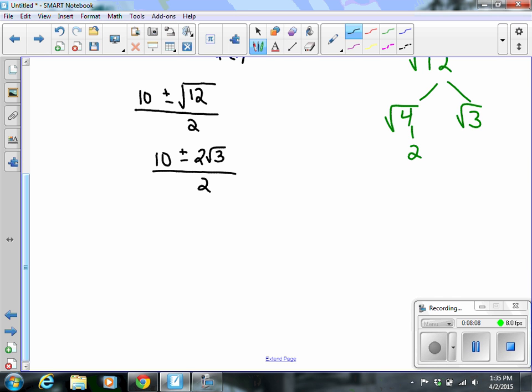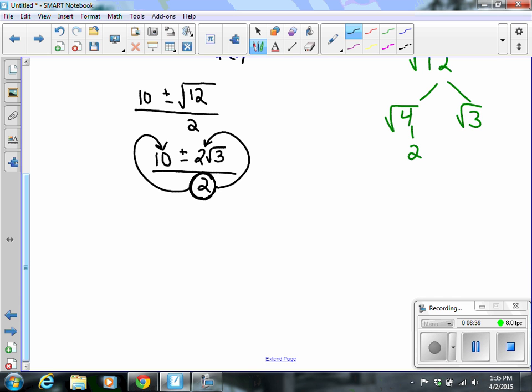I'm not quite done yet. Let me explain something first. The reason why I'm not done is because this 2 in my denominator can go into the 2 here, and it can go into the 10. If that number, your denominator, does not go into both numbers in the numerator, then you can't reduce it and you'd be done.